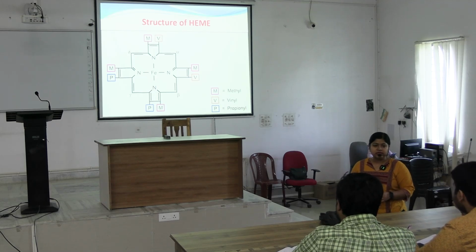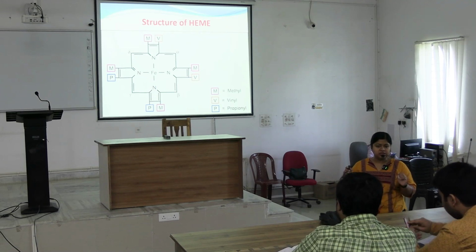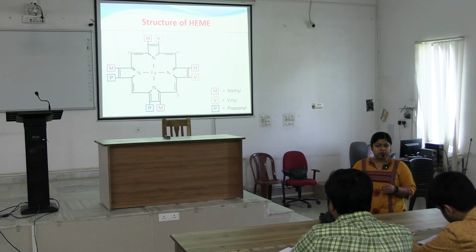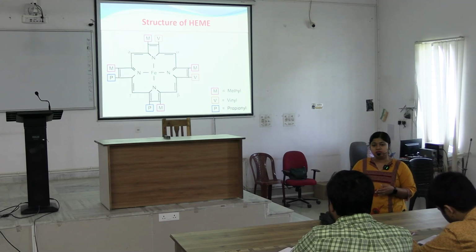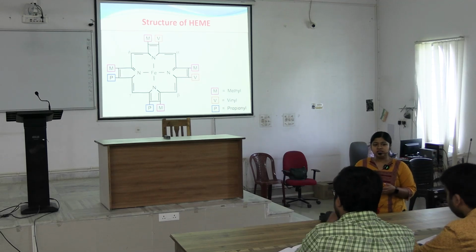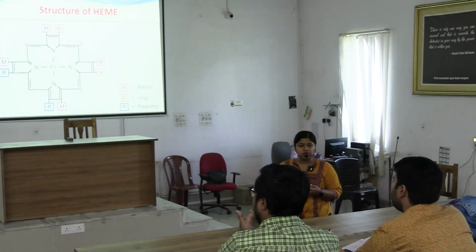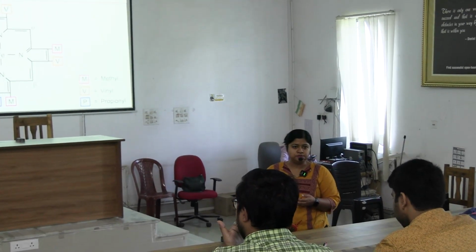So what is biliverdin? It is a linear tetrapyrrole chain. Can you remember another linear tetrapyrrole chain when heme was getting produced in the heme synthesis pathway? Do you remember any linear tetrapyrrole compound?